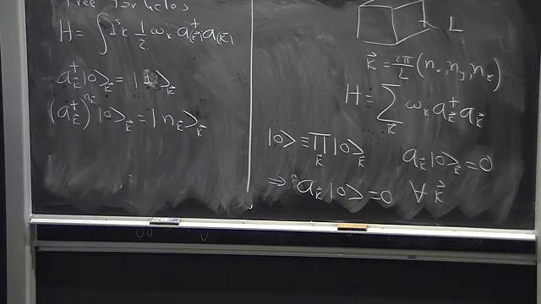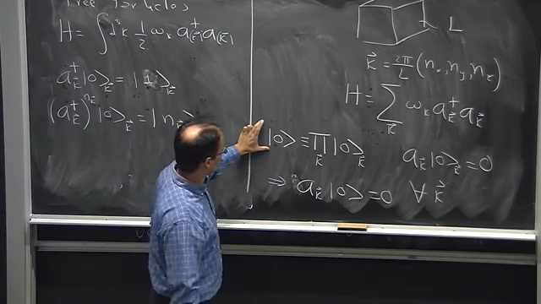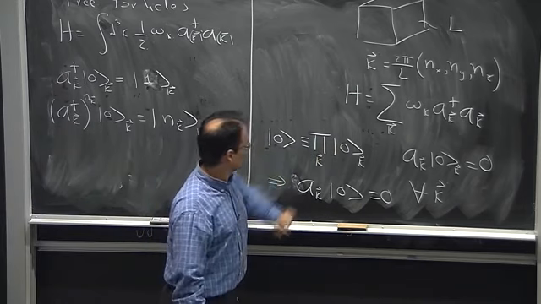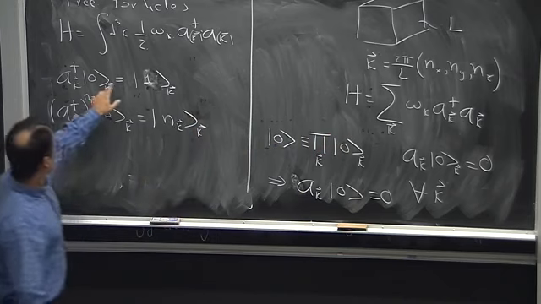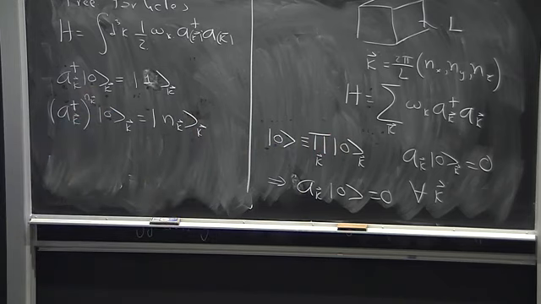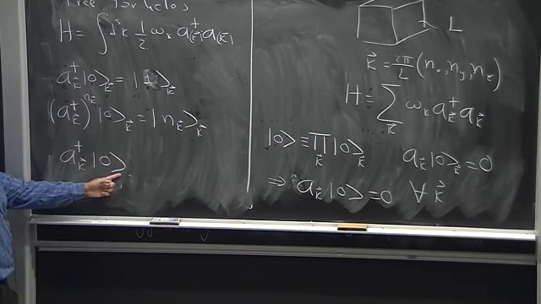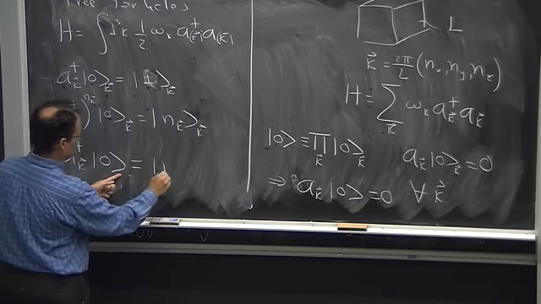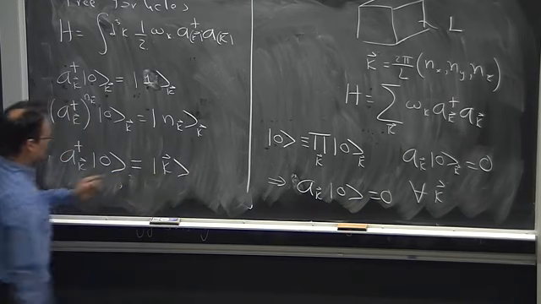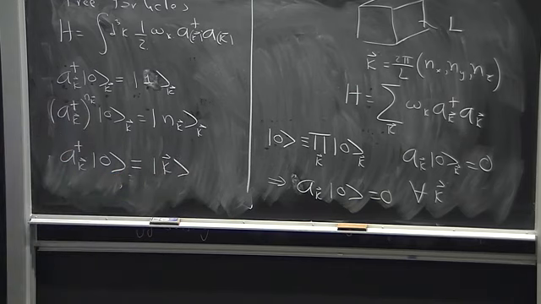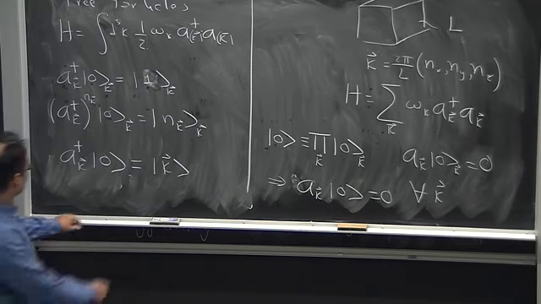But first of all, if we now act with this on the full vacuum of the theory, we get an excitation with only that oscillator excited, okay? We're going to call that object, when acting on the full vacuum, |k>, okay?